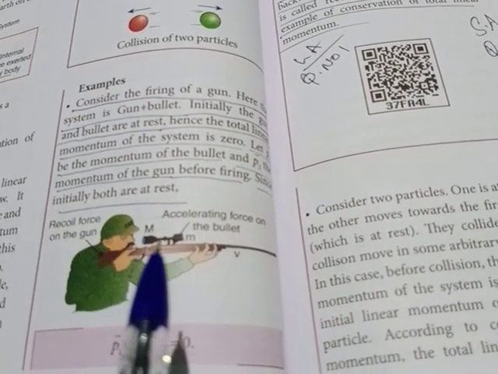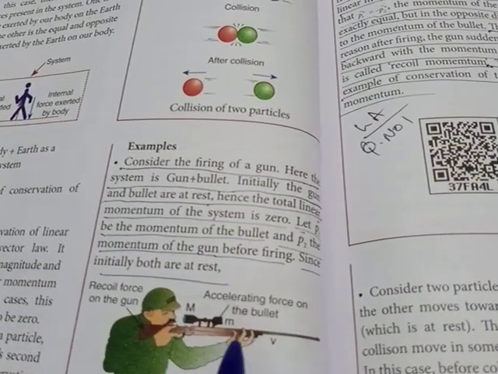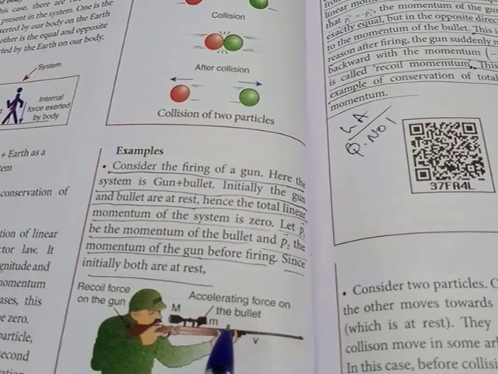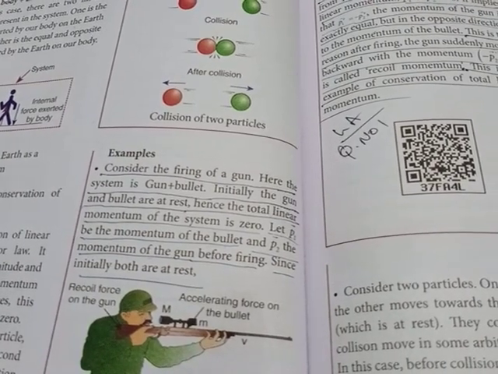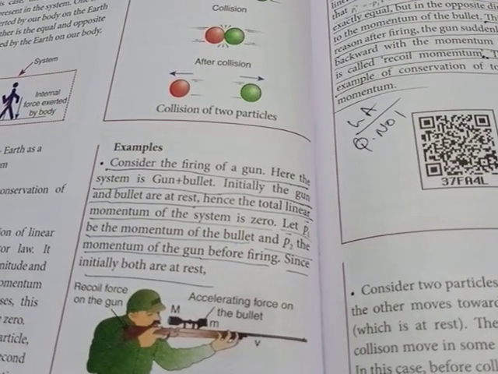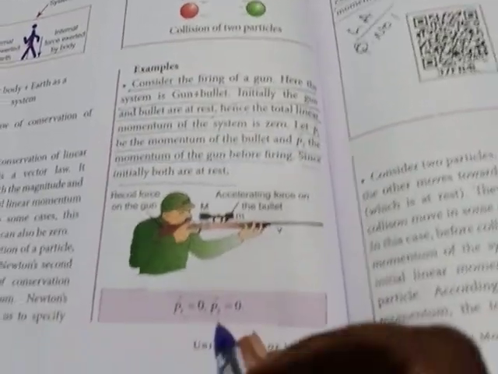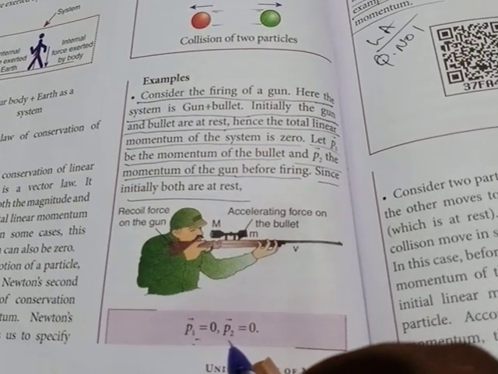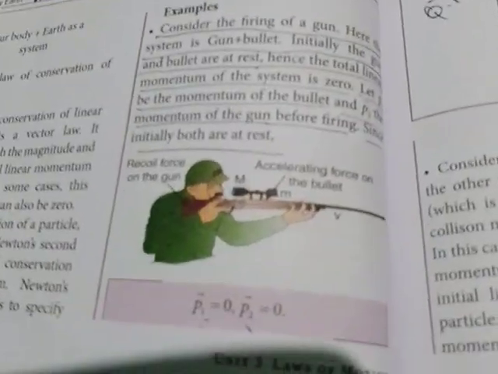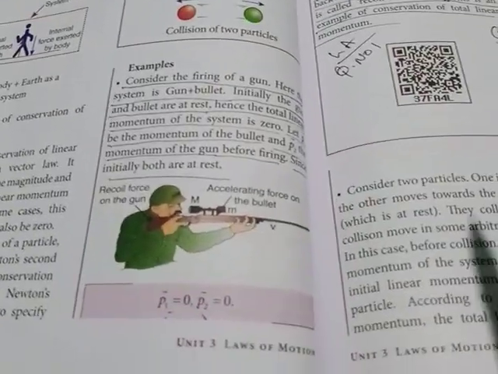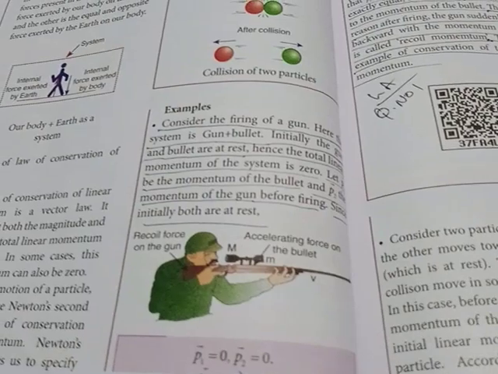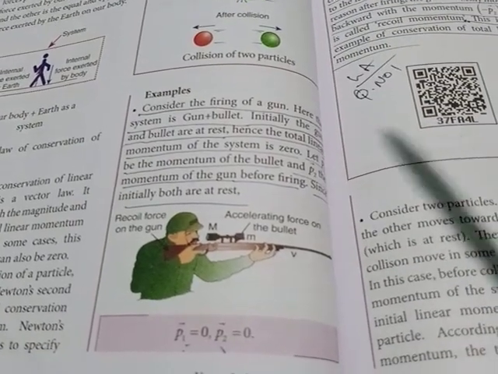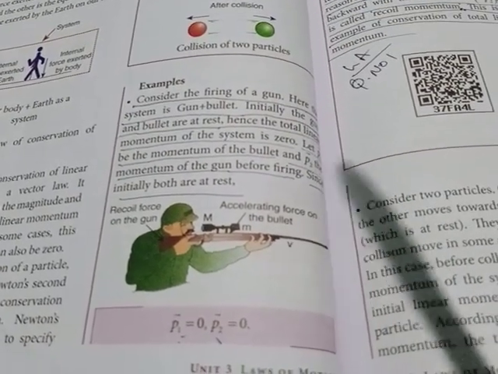Now P1 is the momentum of the bullet and P2 is the momentum of the gun before firing. So P1 is equal to 0, P2 is equal to 0, because both are at rest. Actually this example is just firing a gun, and here gun plus bullet is the system.